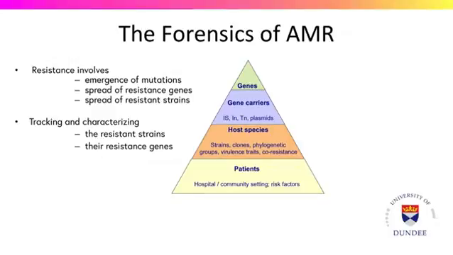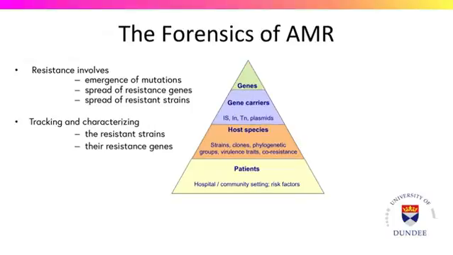The forensics of antimicrobial resistance therefore involves many different levels, best understood as a pyramid, a concept first proposed to me by my colleague Rafael Canton from Spain. Resistance involves the emergence of mutations, the spread of resistance genes, and the spread of resistant strains.